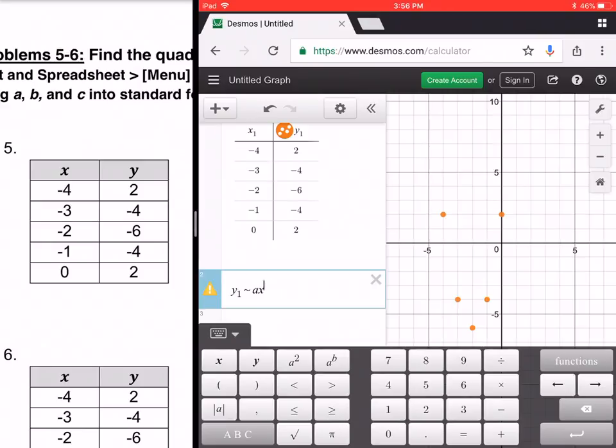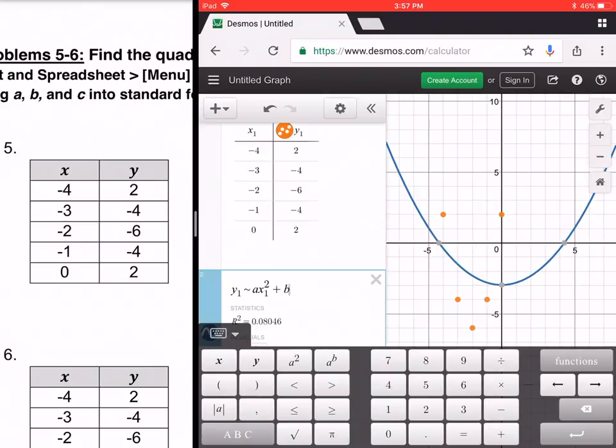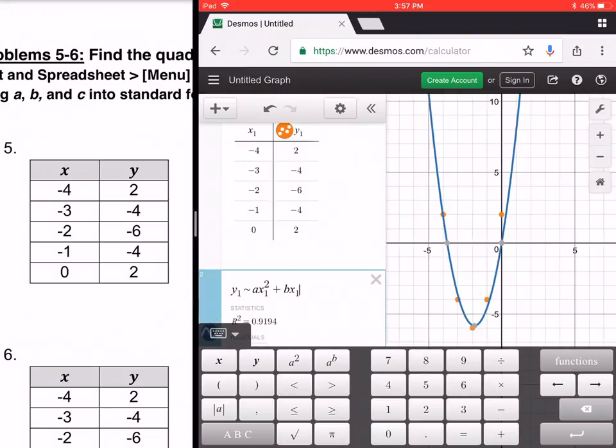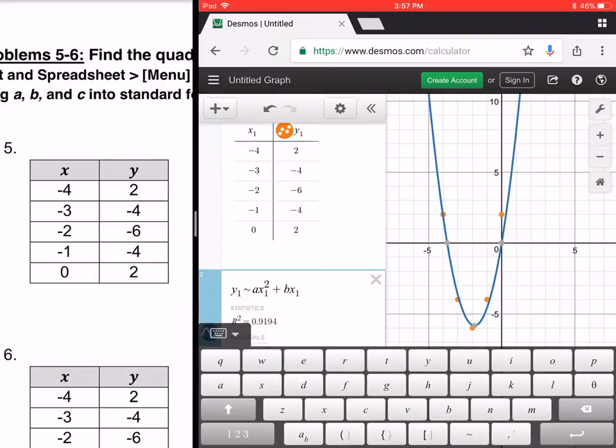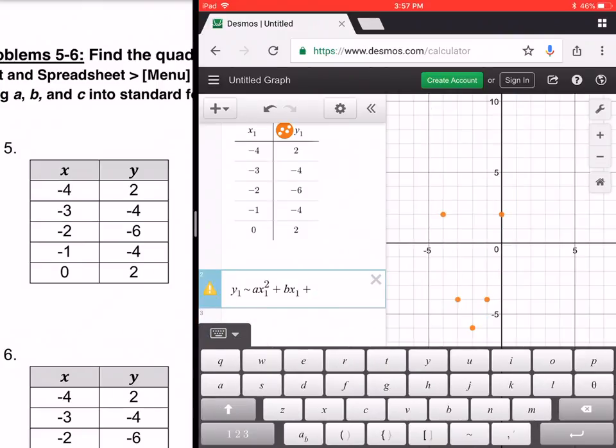Oops, excuse me, x1 squared, almost forgot. x1 squared plus b, okay, x1 again, not squared, just x1. You want it exactly how it looks, and then plus c. So go into plus, go into our letters, c, and there we go.